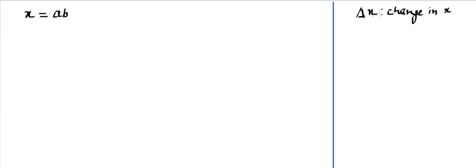Here we are reading this change as an error, so we can also call this error in x. Change and error are very close to each other, but not exactly the same. But yes, here we can use them interchangeably. So delta x is the change in x, which we also read as an error in x.